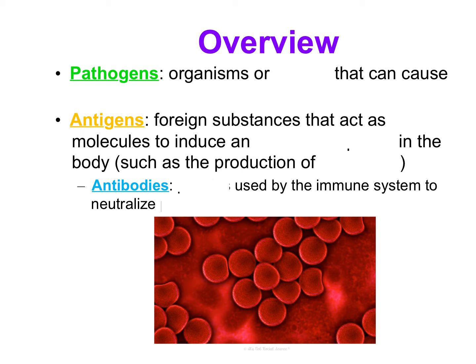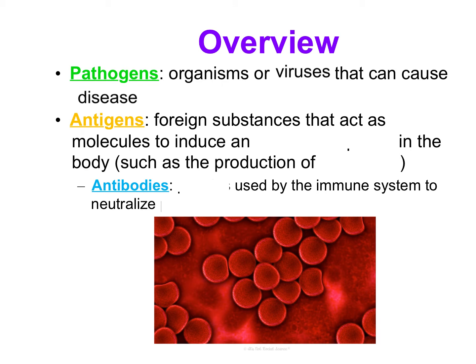As we look at how these are causing diseases in our body, first let's review some terms. We have the term pathogen, and as we've said before, these are organisms or viruses that can cause disease.